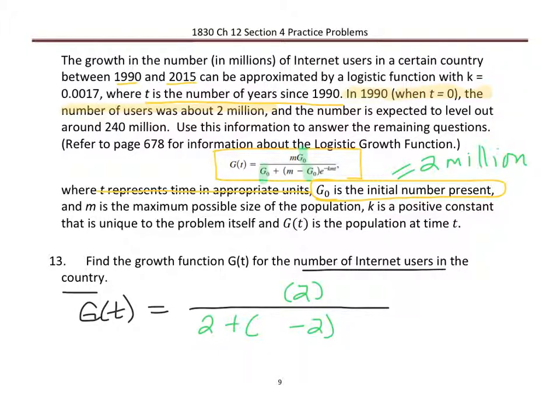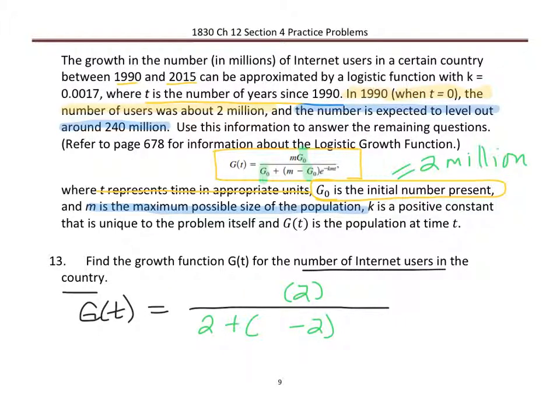And then it says that M is the maximum possible size of the population. And it says the number is expected to level out at around 240 million.